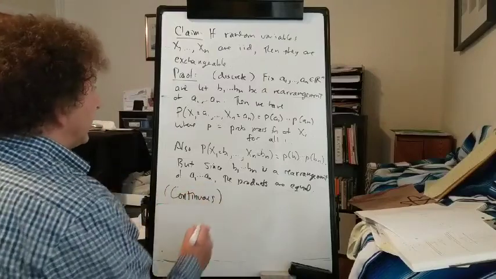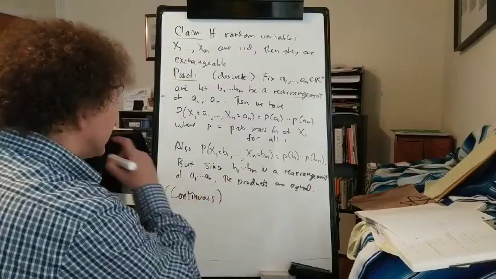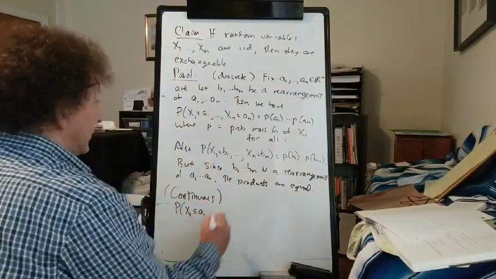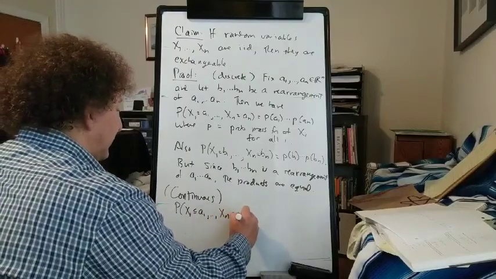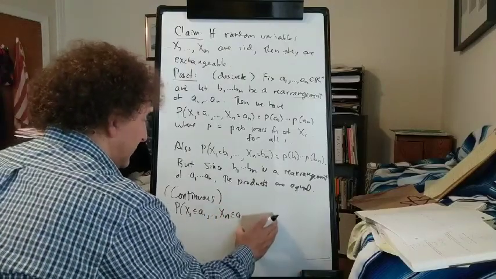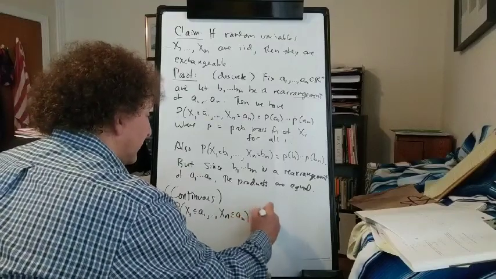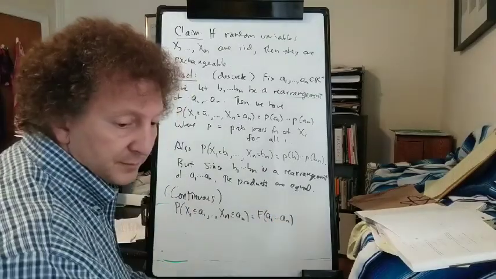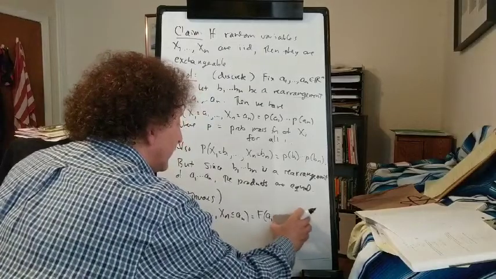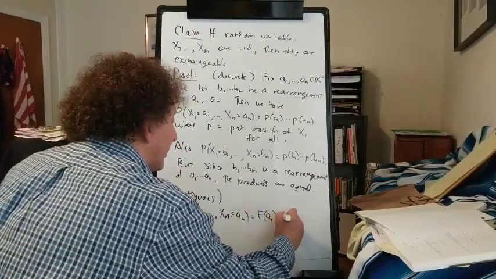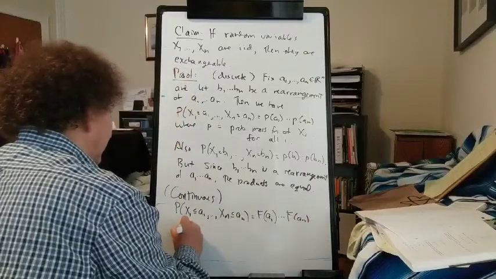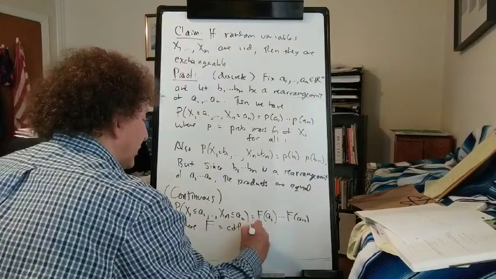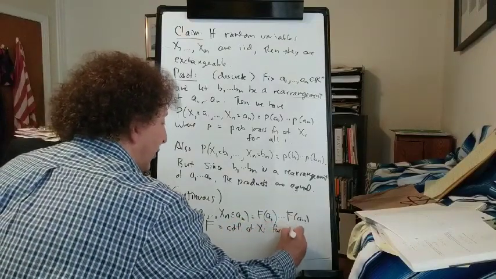And if we look at the continuous case, the probability that X1 is less than or equal to a1 through Xn being less than or equal to an is F of a1 through F of an, where capital F is the cumulative distribution function of Xi for all i.